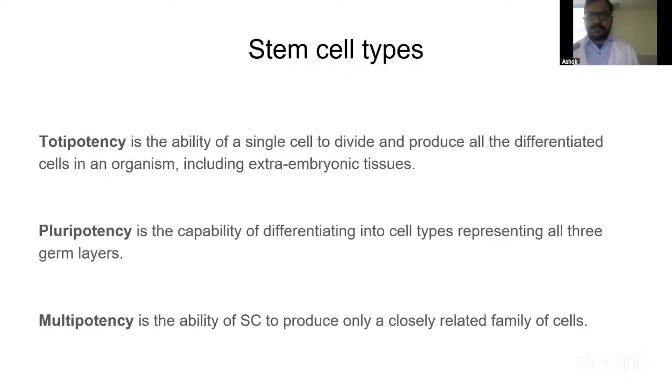Stem cell types: totipotent, pluripotent, and multipotent. Totipotent is the ability of a single cell to divide and produce all the differentiated cells in the organism, including extraembryonic tissue. Pluripotency is the capability of differentiating into all three germ layers. Multipotency is the ability of a stem cell to produce only a closely related family of cells.